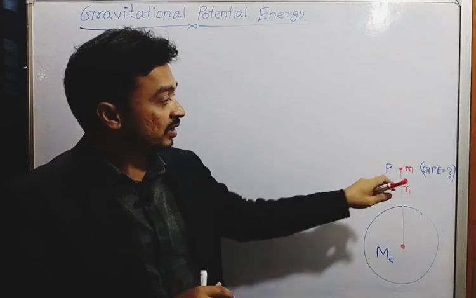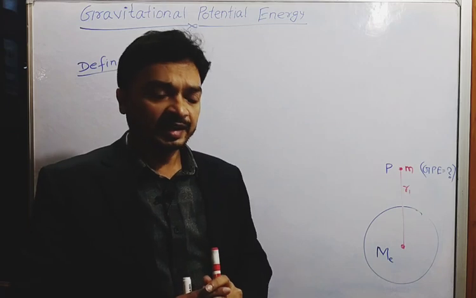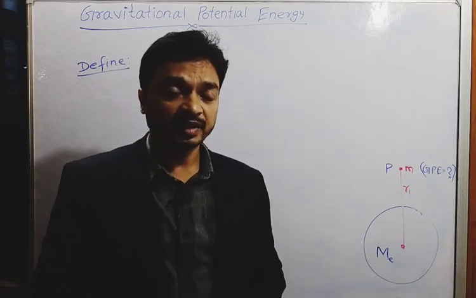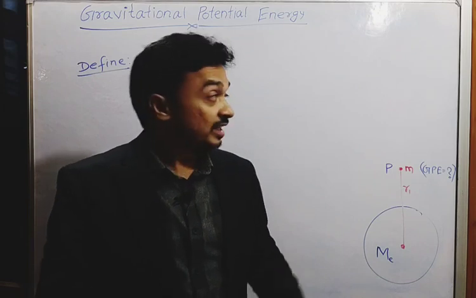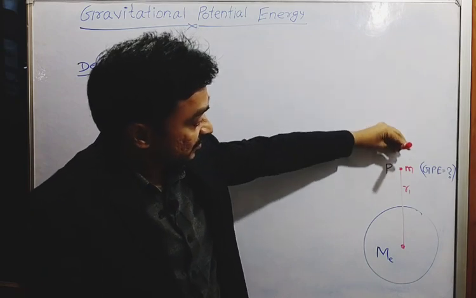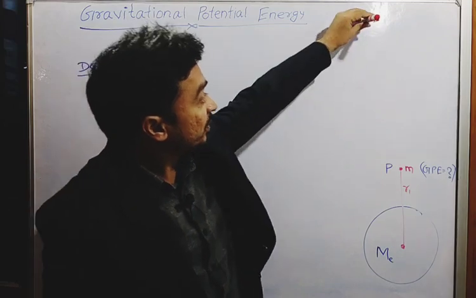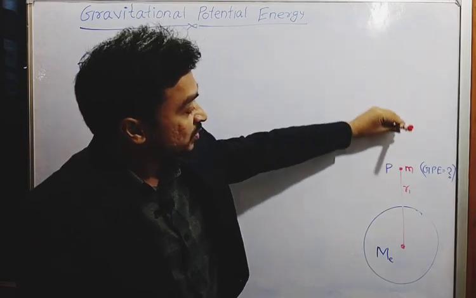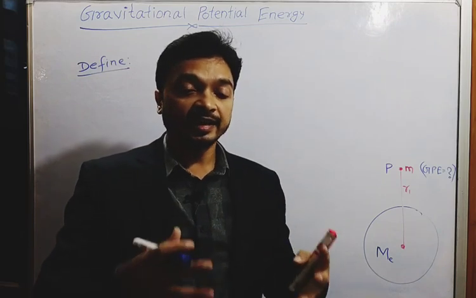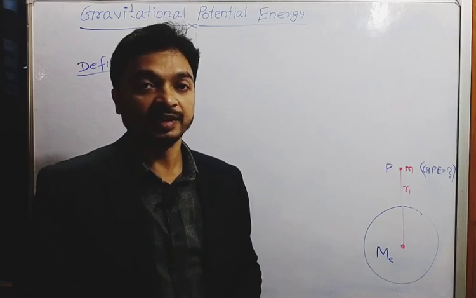That work done is equal to gravitational potential energy at that point. And there are some conditions also, like this object is moving slowly. You are bringing this object from infinity to this point slowly without changing any kind of kinetic energy. And this condition is very important.